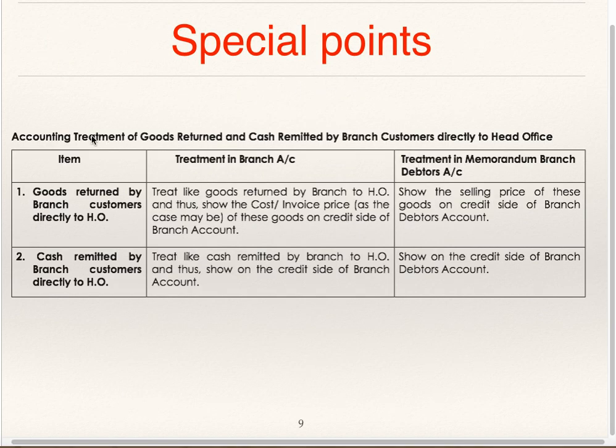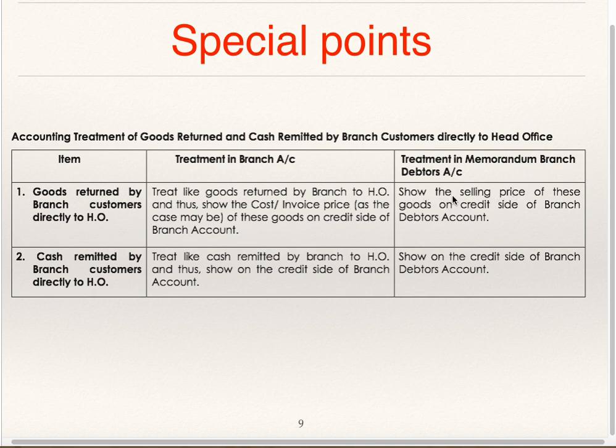See some special points. Accounting treatment of goods returned and cash remitted by branch customers directly to head office. Goods returned by branch customers directly to head office. Treatment in branch account: treat like goods returned by branch to head office and thus show the cost or invoice price, as the case may be, of these goods on the credit side of branch account.